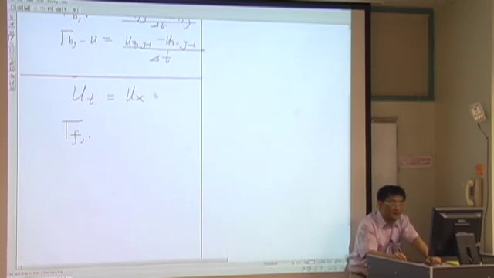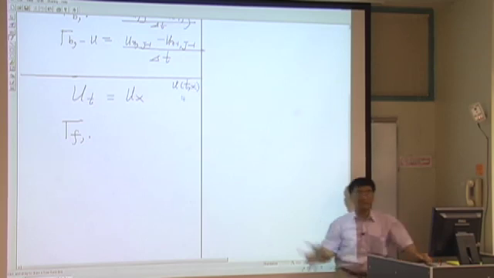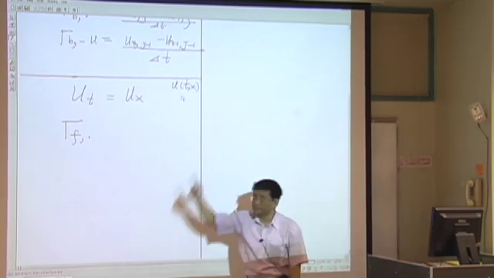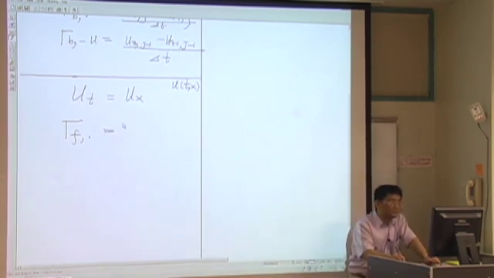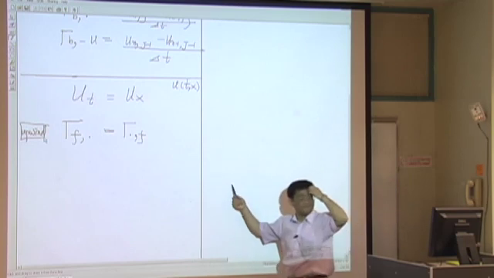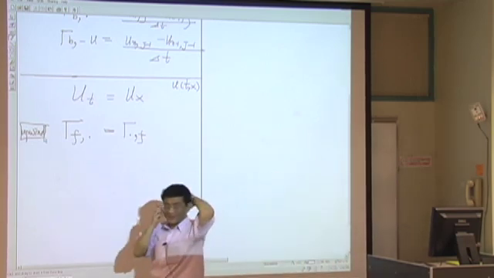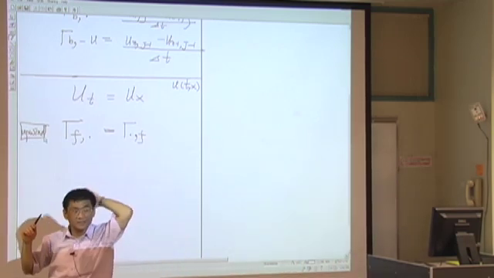I will specify the order of the variables: t variable first, and then x, right? U means u of t and x. So this is the case people developed, and this is called the upwind method. Do you follow me? Is this all? No. People, yes?